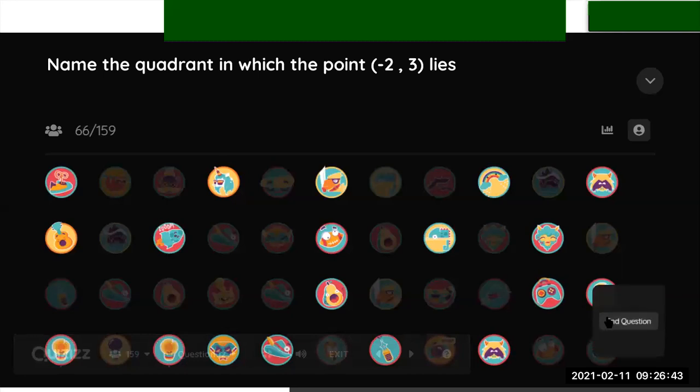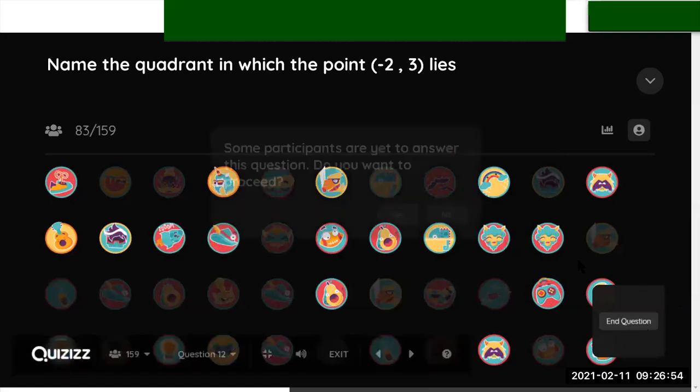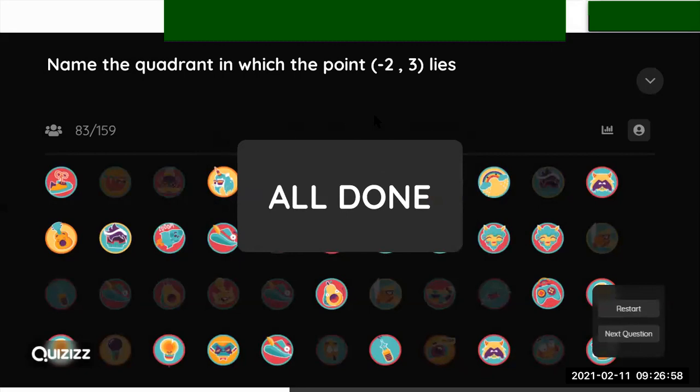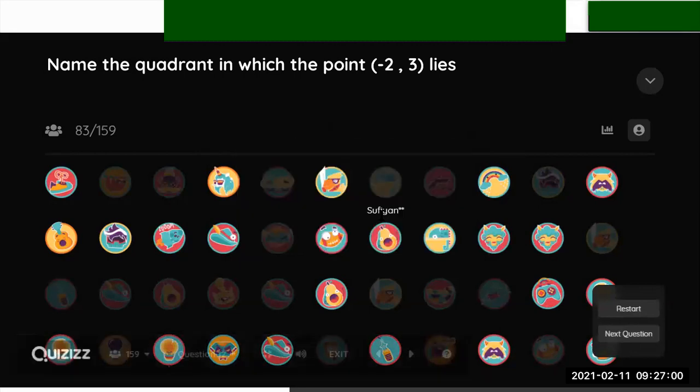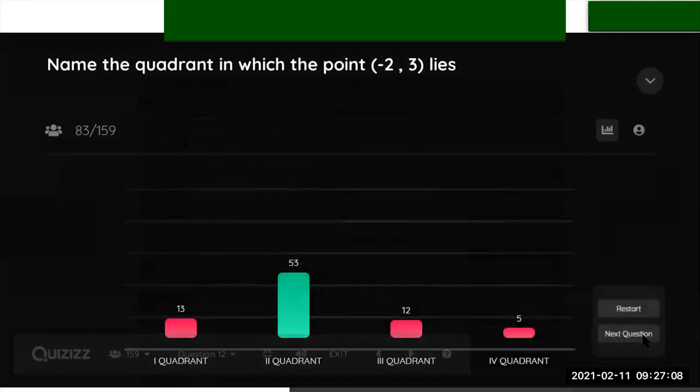All right, and let us look at the score. Okay, 83 of you have answered it. Rupali Gupta, Sakshi Maurya, Abhishek from Varsha Nagar, Khairnagar School, very good.